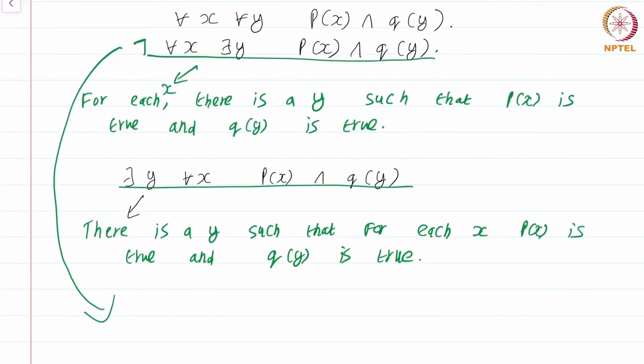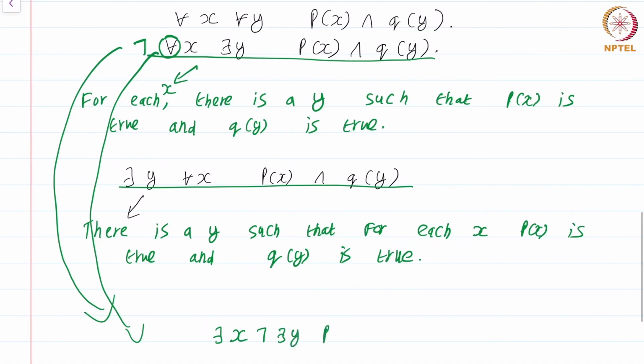You change this universal quantifier into an existential quantifier. So you write there exists x and push the negation inside. This is what you do. Now you have still the job of negating there exists y, p of x and q of y.